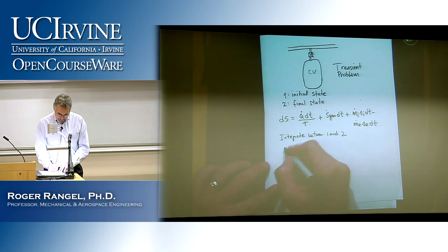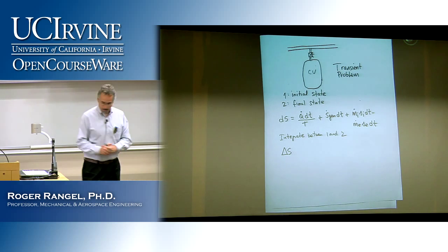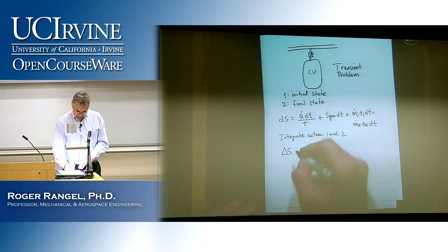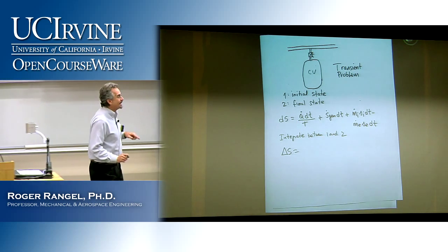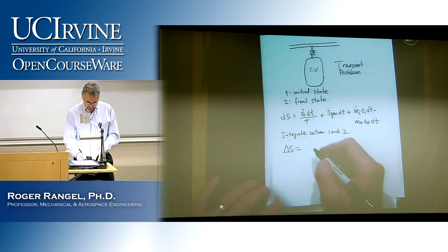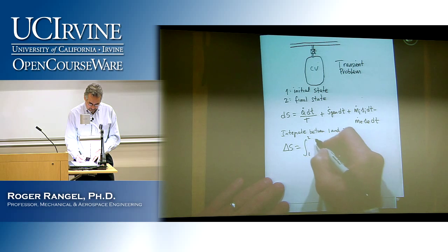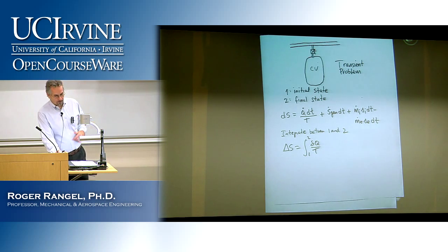Obviously, this becomes delta S again, right? The integral of ds between 1 and 2. This q dot was delta q over dt. So this goes back to what it was before. I can cross out the dt, and this becomes the integral from 1 to 2 of delta q over T. That term goes back to what it was initially.